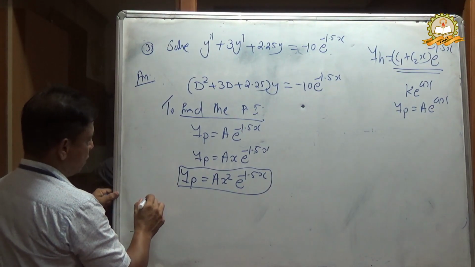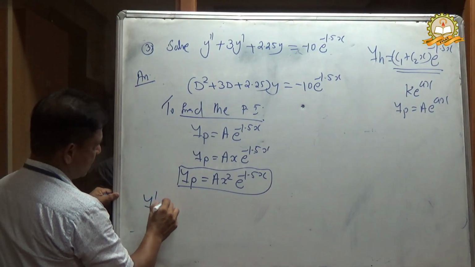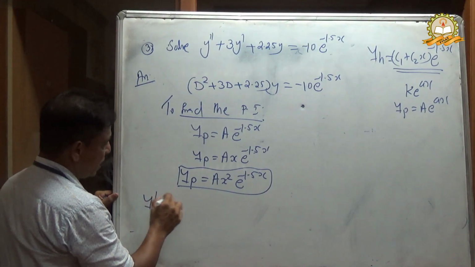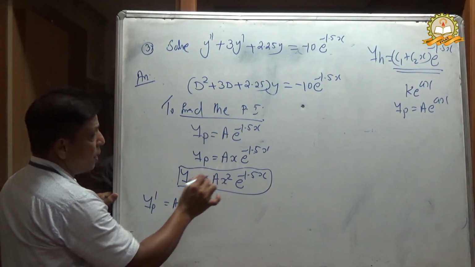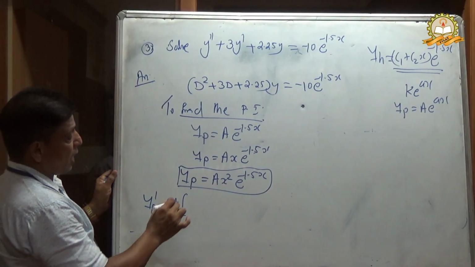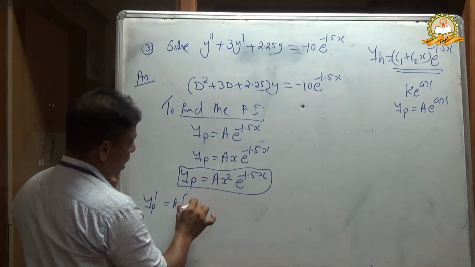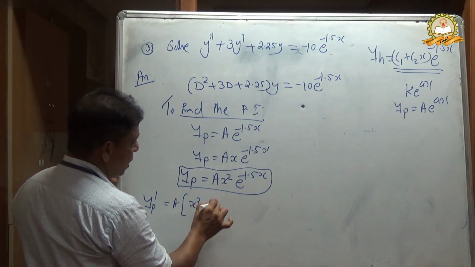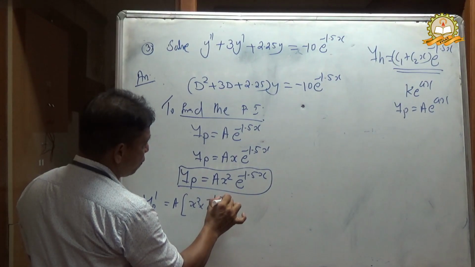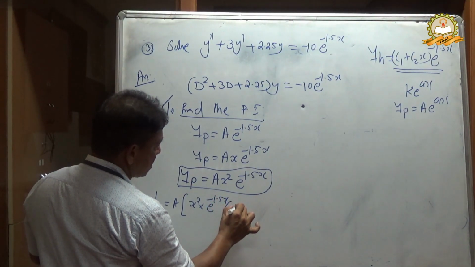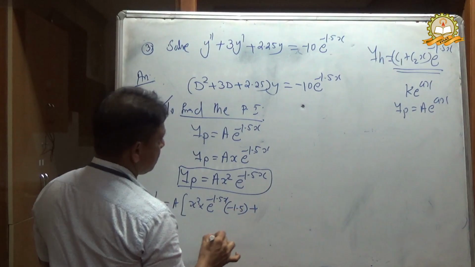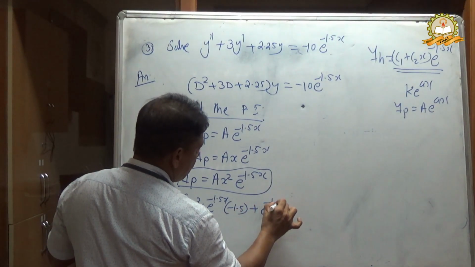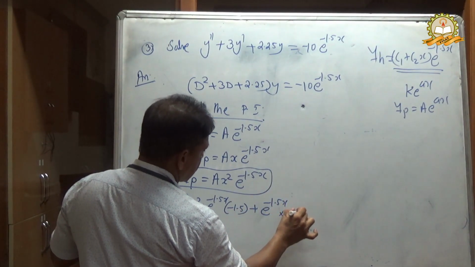Then take the first derivative, yp dash. To find the first derivative, use the product rule. This is the first function, x square, into the derivative of the second, e raised to minus 1.5x into minus 1.5, plus e raised to minus 1.5x into 2x.